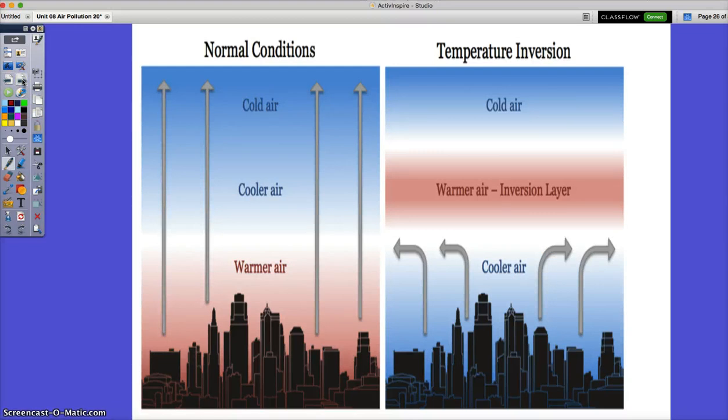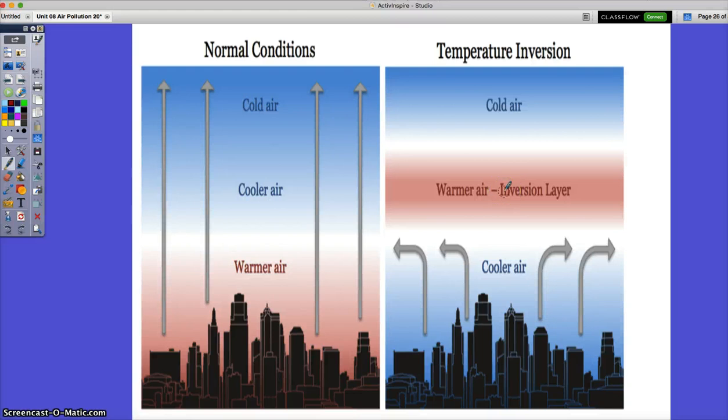Normal troposphere temperature is warm towards the ground, then cooler, then colder. I mean, the city itself, the more urbanized you are, the warmer the bottom is anyway. So it's warm, cooler, cold, right? In a temperature inversion, the cold air is below the layer of warm air.